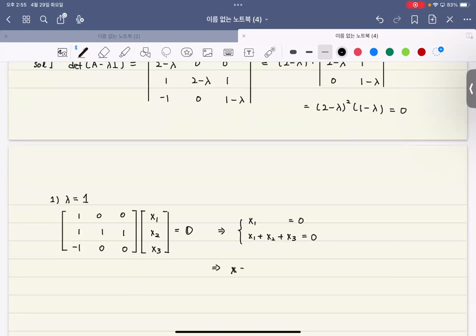So the vector x is 0, minus x3, and x3. I will just say the eigenvector x1 is 0, minus 1, and 1.